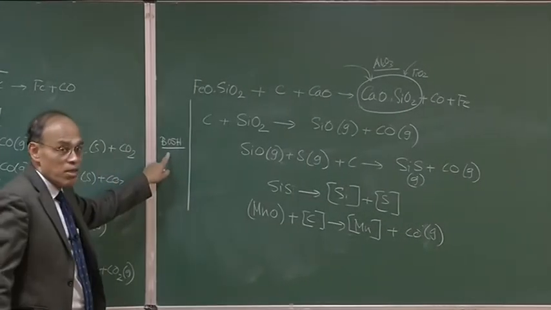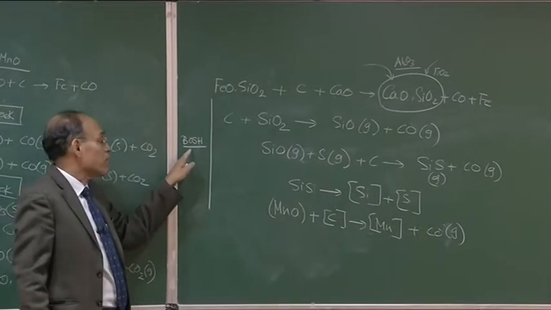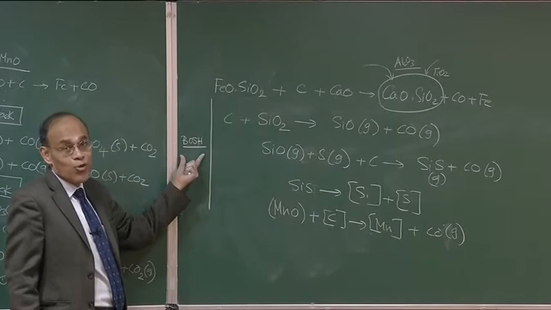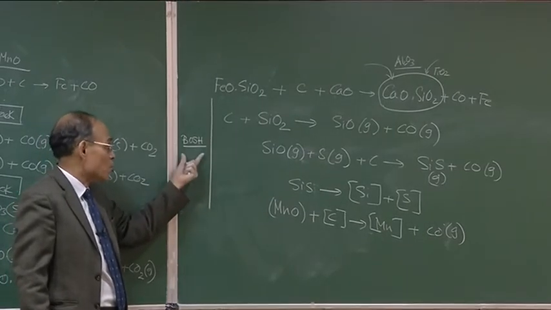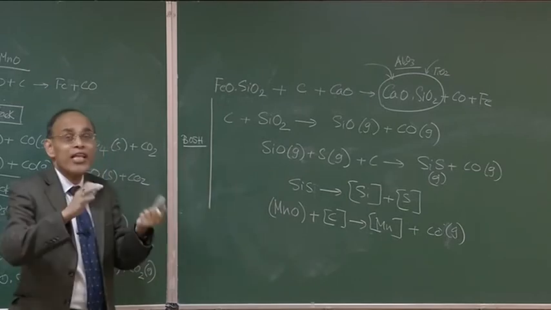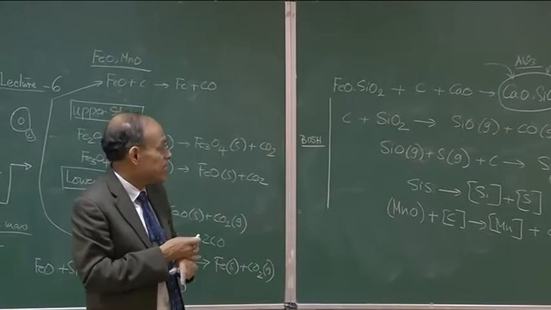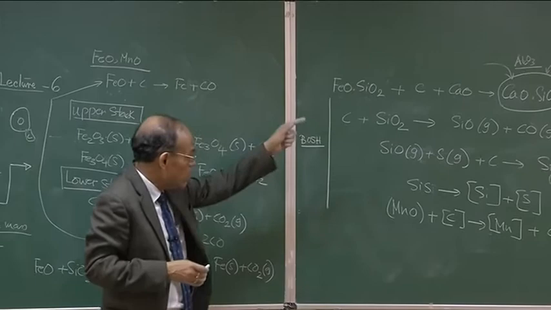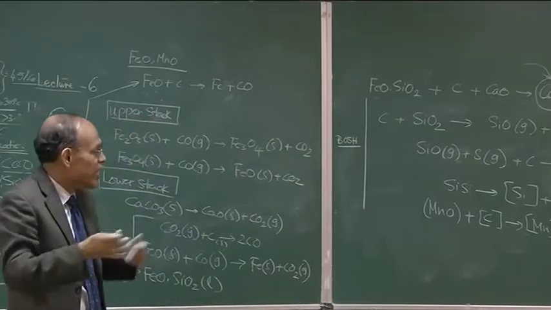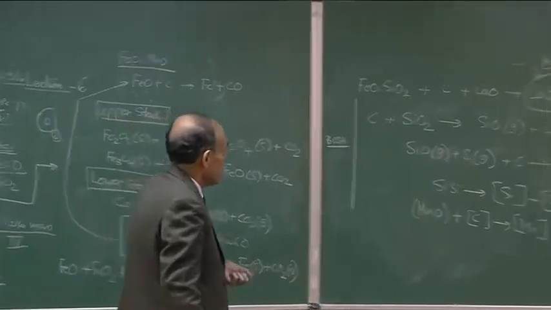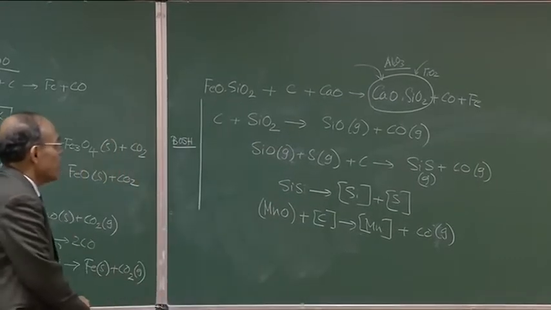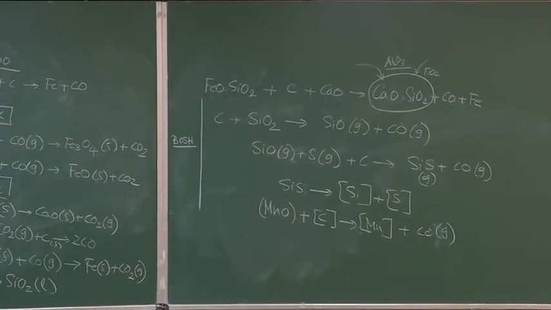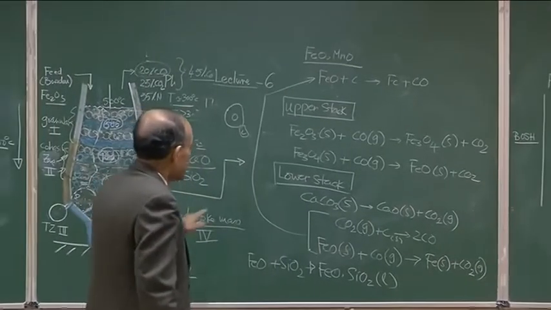And in the Bosch, we must remember that we have very high concentration of carbon monoxide, almost PCO equal to 1 or 100% CO, and the temperature is also varying between 1500 and 1900 degrees centigrade. So it is the Bosch region that the slag metal composition gets dramatically adjusted because of various kinds of chemical reactions which can take place, and as a result of which we produce a hot metal, as I have indicated here.